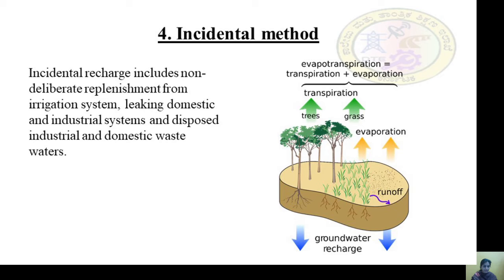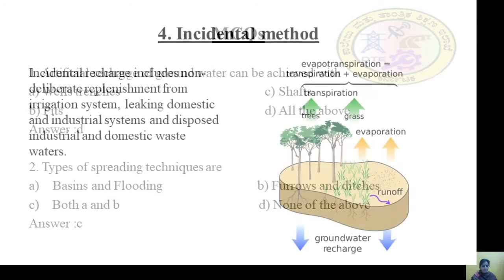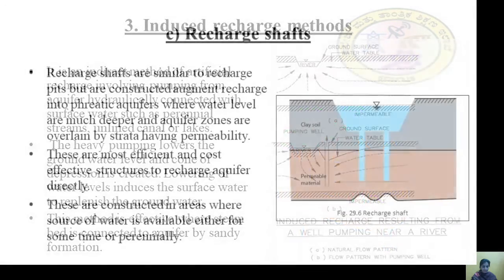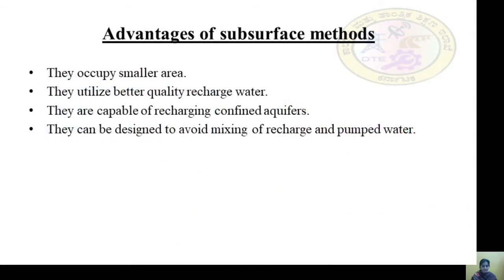So you can see evaporation and transpiration happening, little runoff is also happening and which reaches the groundwater. So this was the brief introduction about methods of recharge. Now we shall see the recap of methods of recharge.